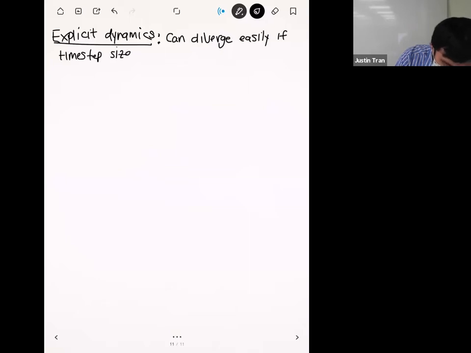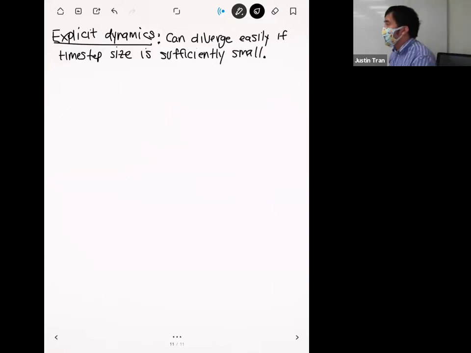Okay. And so when you use explicit dynamics, you have to make sure your time step size is sufficiently small. And that actually doesn't have much to do with what's happening physically in your simulation. That's just how explicit dynamics is formulated.